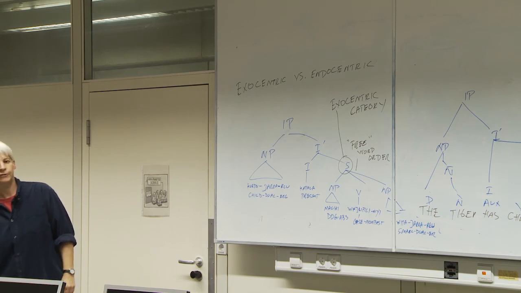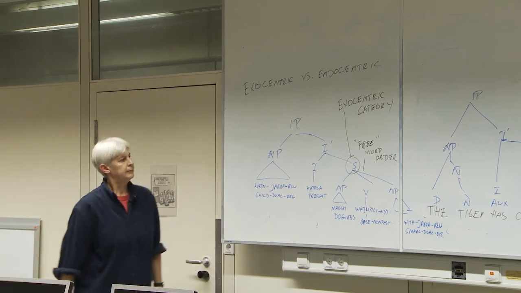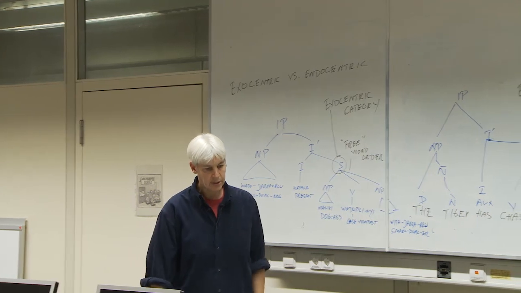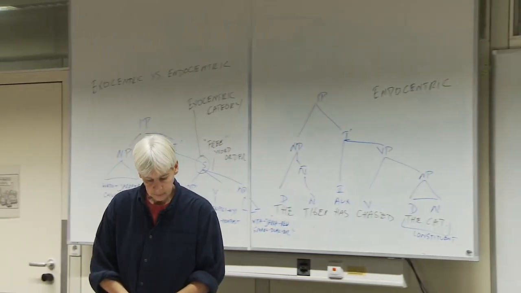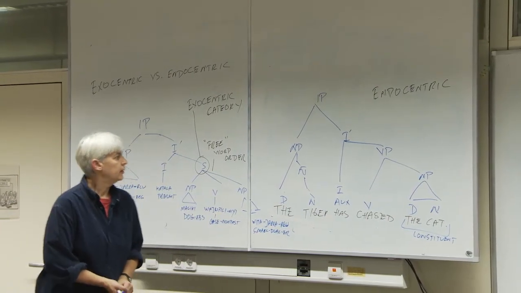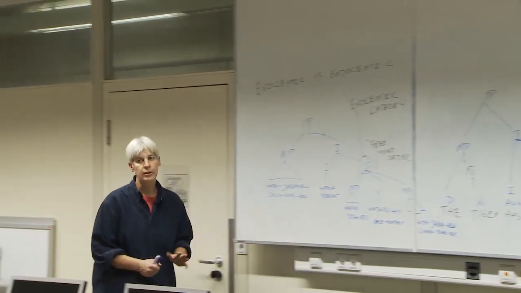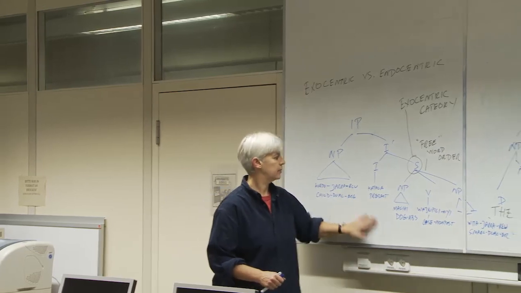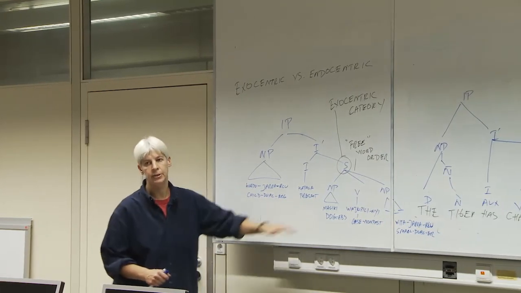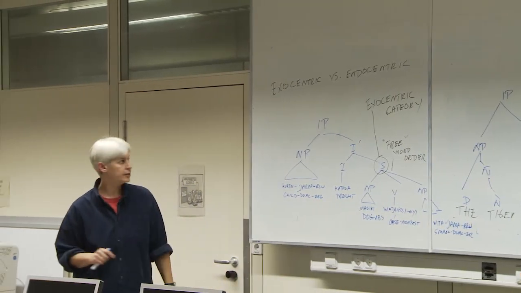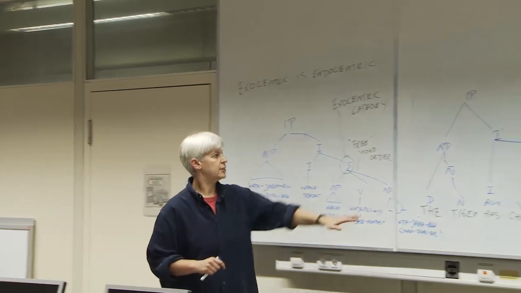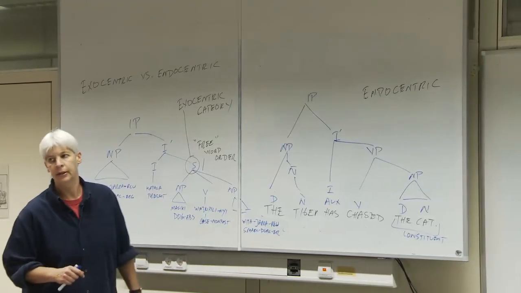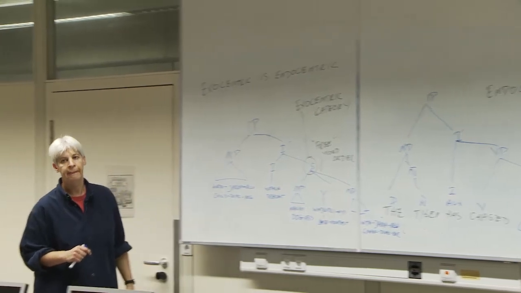No lexical item, no functional item. So you have those kinds of categories as well. Okay, and you tend to distinguish between languages. You say these languages have exocentric categories. Languages like Warlpiri, they tend to be languages that allow for free word order variation. And you have languages like English, which only have endocentric categories.